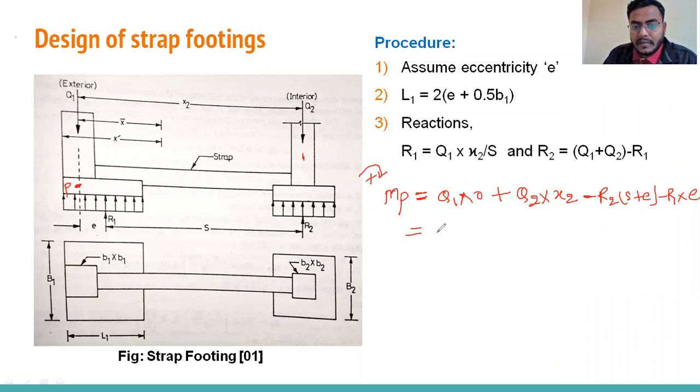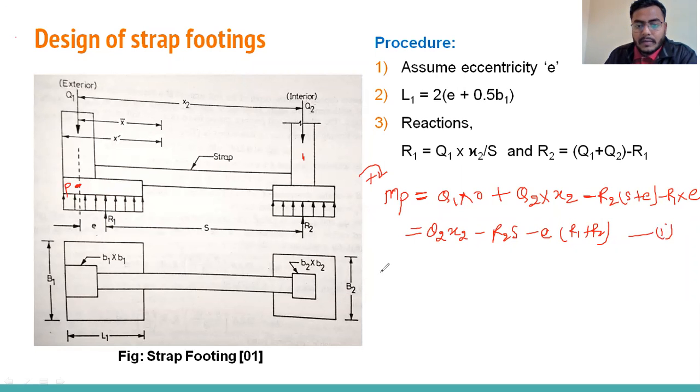By simplifying, we can write Q2 into X2 minus R2 into S equals E into R1 plus R2. So this is the first equation.